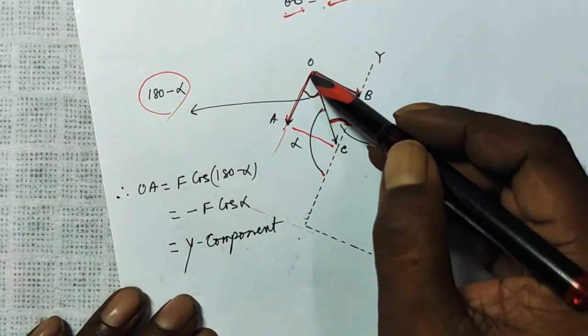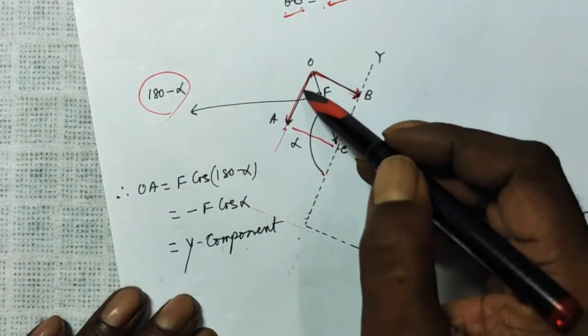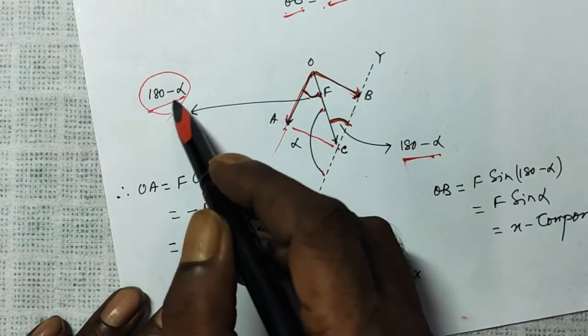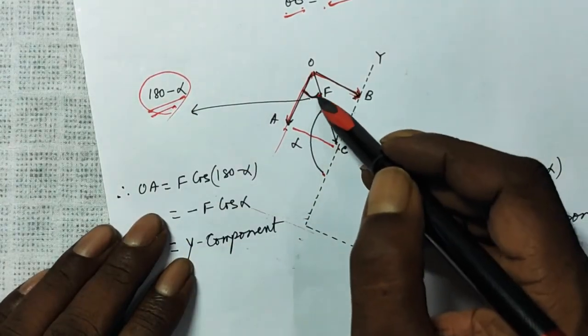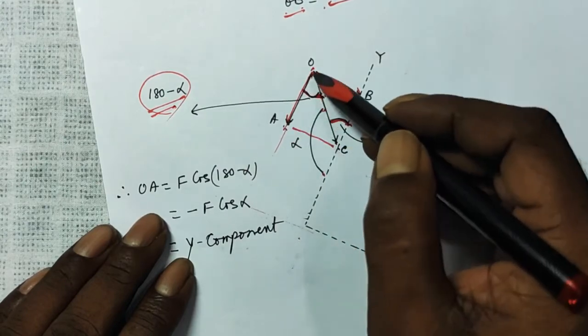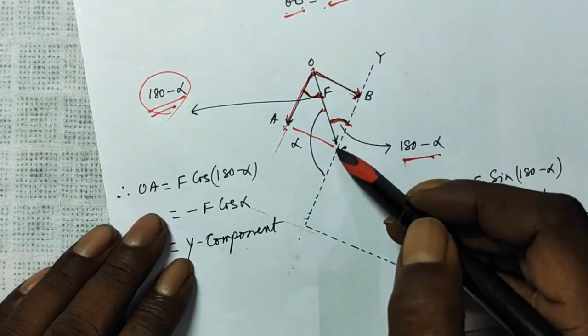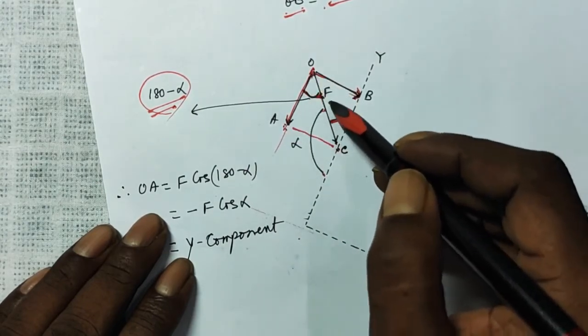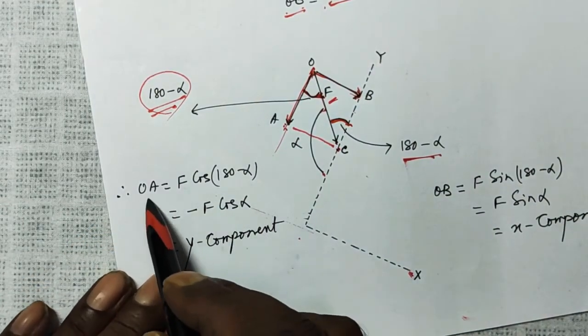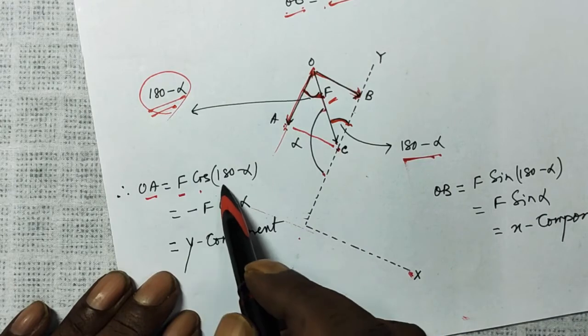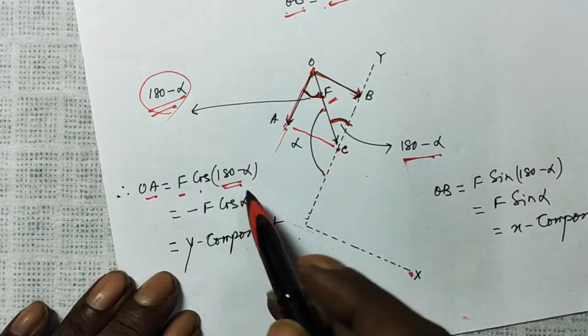And if you look at the triangle OAC, this angle we have found out as 180 minus alpha. So if you take cos of this angle, it will be OA over OC, that is OA over F. And if you cross multiply, it will be OA is equal to F cos 180 minus alpha.